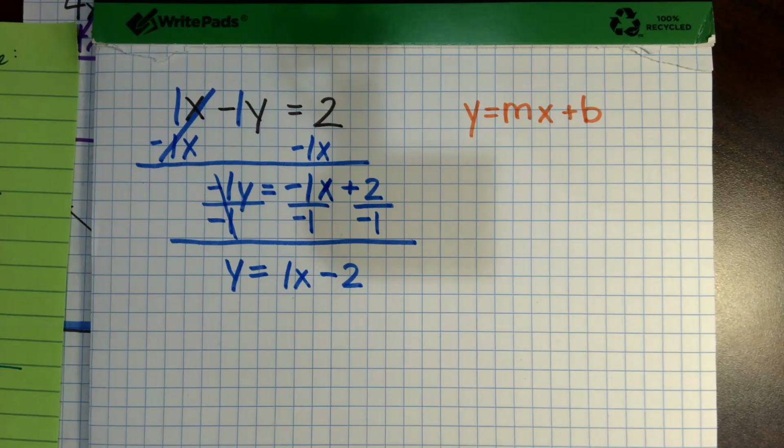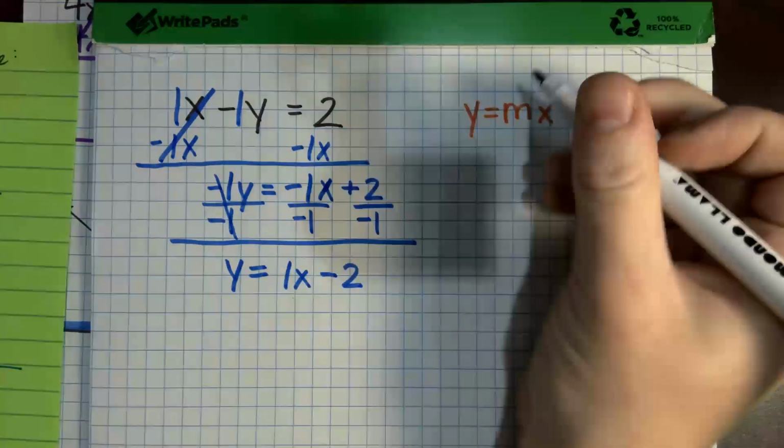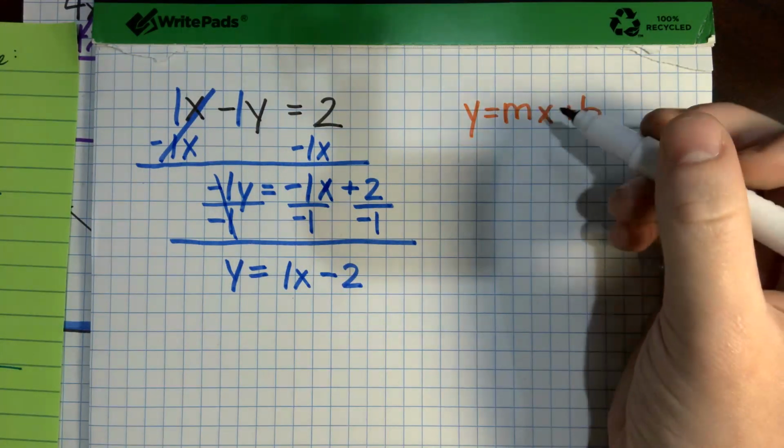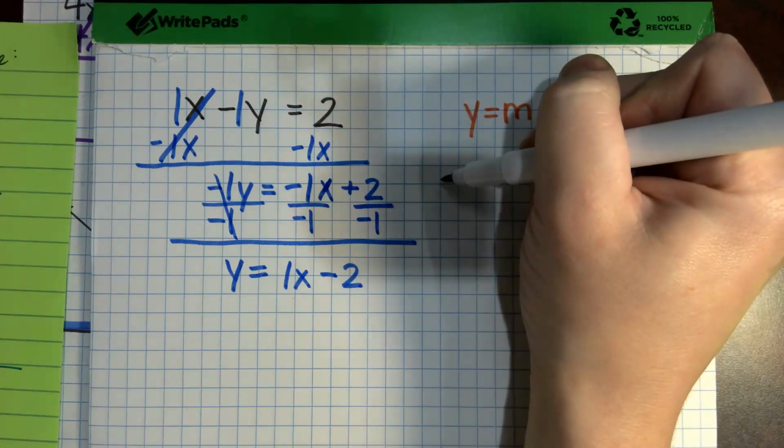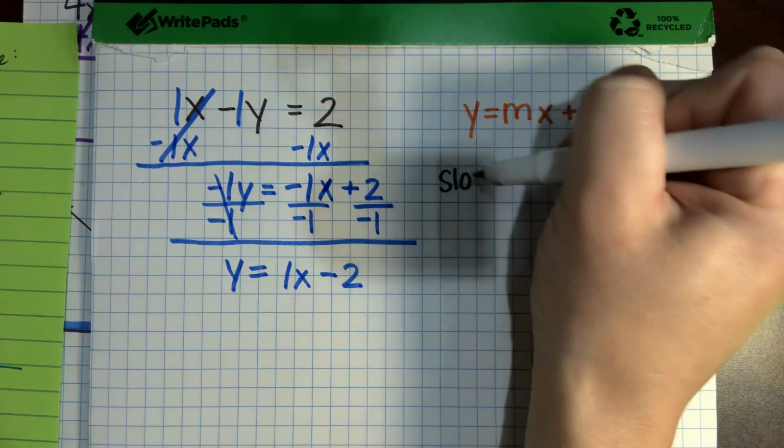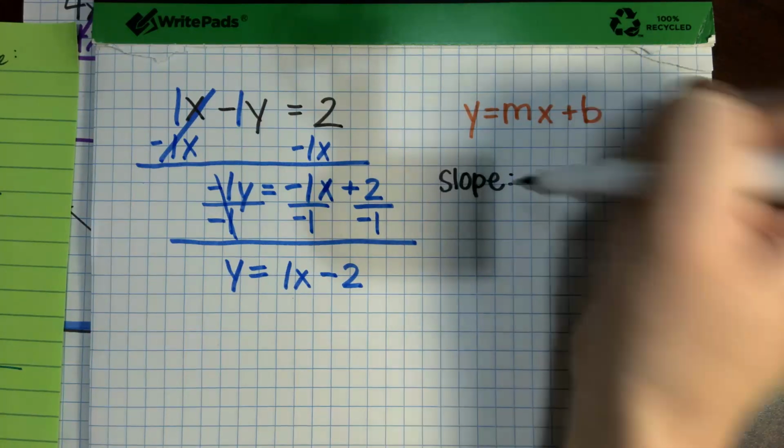Now that we have found our slope-intercept form, let's go ahead and identify the parts. Again, this one's important. Let me write these.